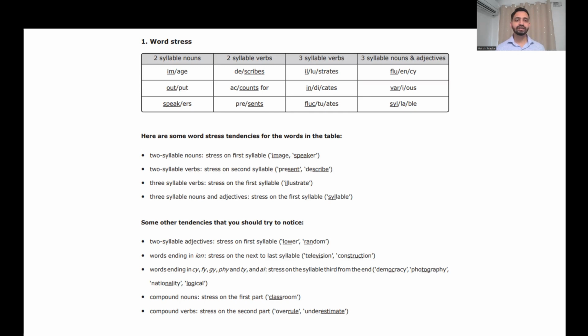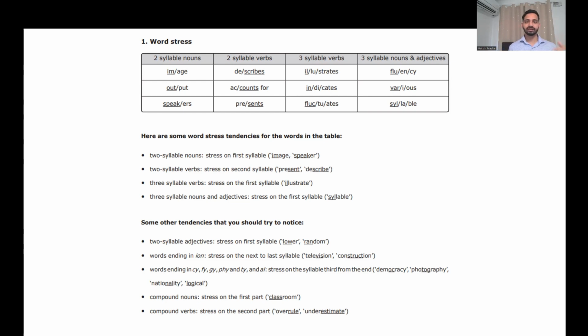Okay, so here, 2-syllable nouns, we've got image, output, and speakers. So the first syllable is stressed when you have 2-syllable nouns. When you have 2-syllable verbs, then the second syllable is stressed: describes, accounts for, presents.